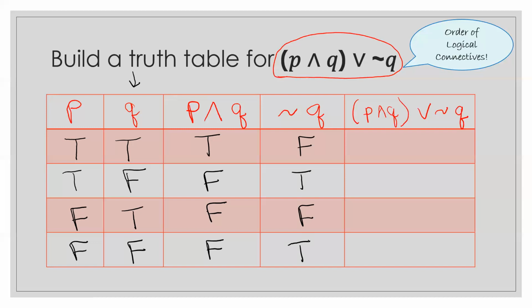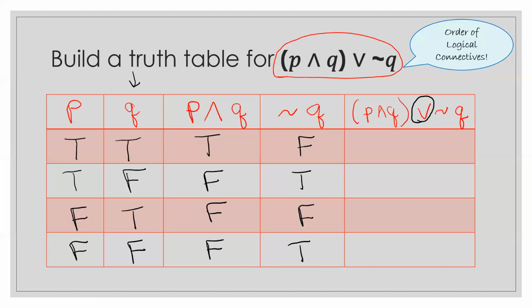Now we are looking at the previous two columns, and the logical connective is or. Okay, so remember that would be an inclusive or, either or both.